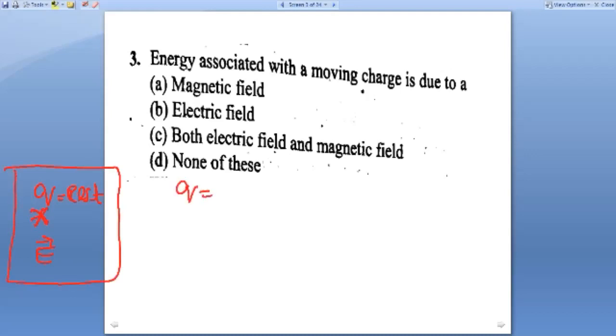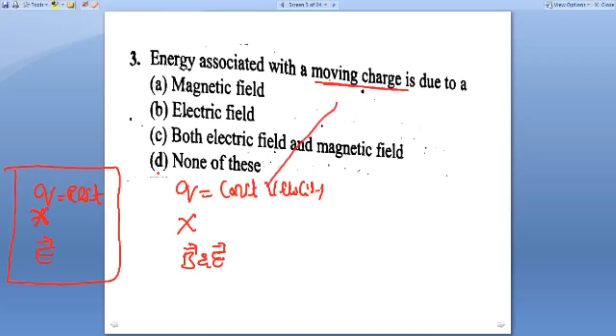If the charge is moving with constant velocity, then it produces both electric field and magnetic field. So that means a moving charge produces both electric field and magnetic field. So option C is the correct answer.